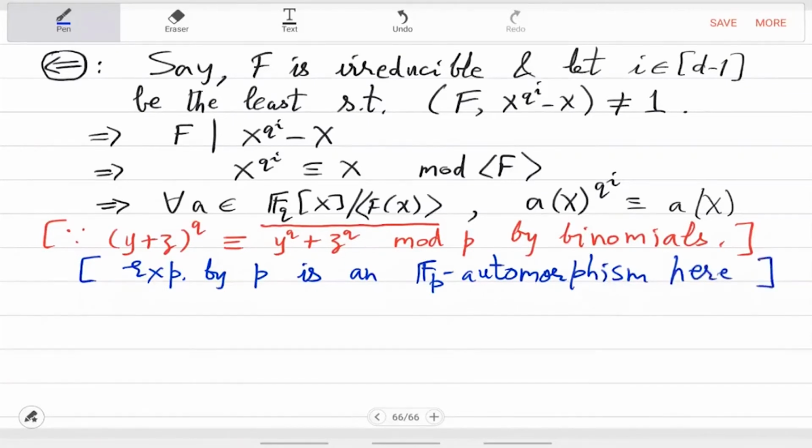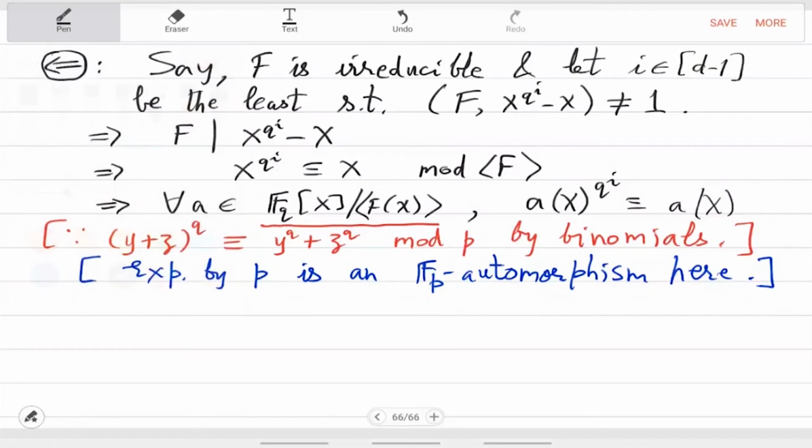So in the case of finite fields, whenever you exponentiate by p, you actually get a homomorphism which happens to be an automorphism, an endomorphism which is actually an automorphism. This is a very non-trivial fact and also a very useful one.